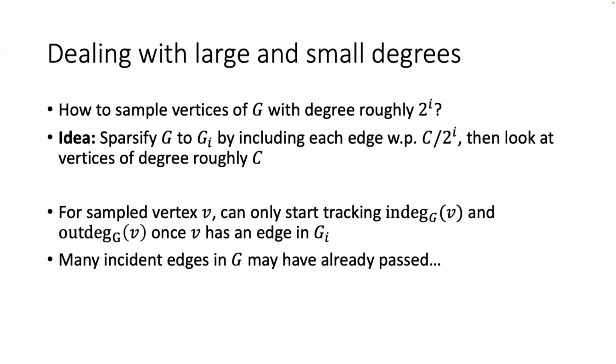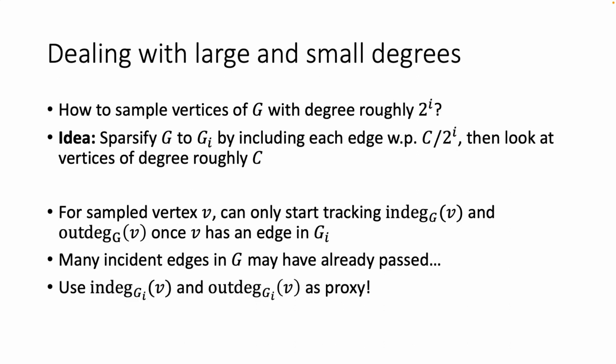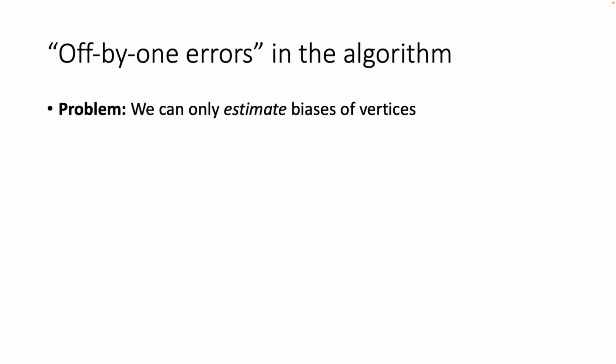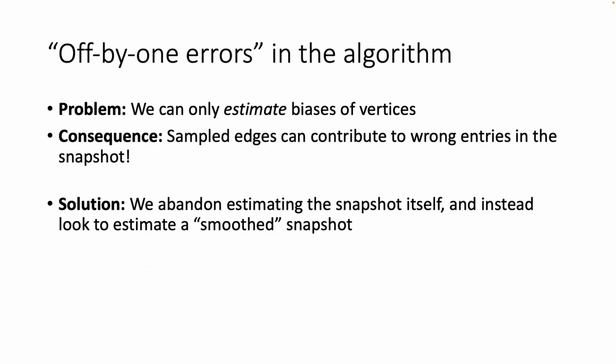But this causes some additional problems, which is that you no longer exactly know the in degree and out degree of vertices in the global graph. You only have estimates. And this somehow wreaks havoc on when you want to estimate how well the algorithm will do.